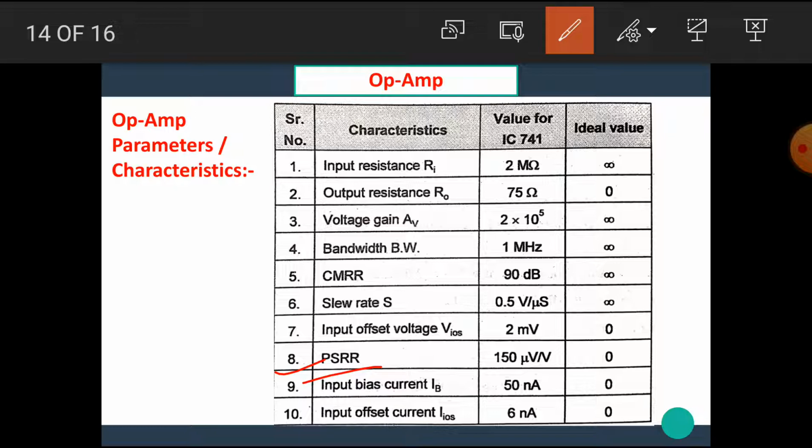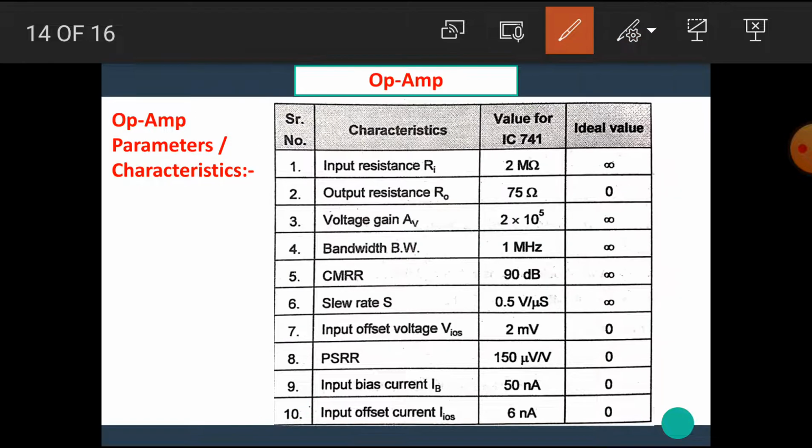Its ideal value is 0, and for IC741 its value is 150 microvolt per volt. The next is input bias current I_B. The ideal value is 0, and the practical value for IC741 is 50 nanoampere. And the last one is input offset current I_OS. Its ideal value is 0, and the practical value for IC741 is 6 nanoampere.